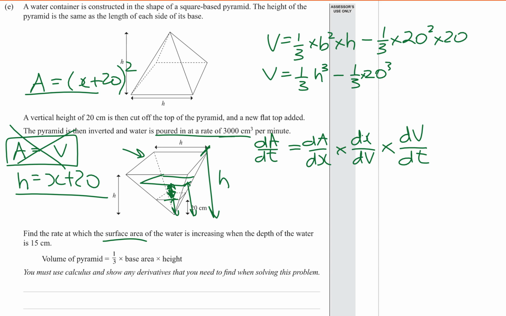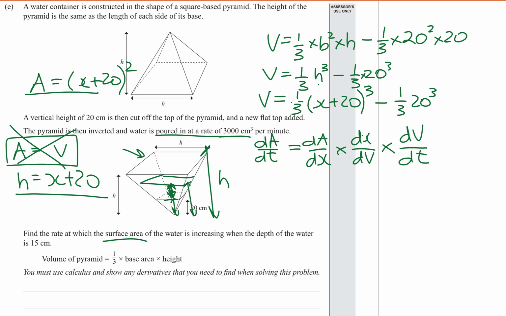That h in there now, volume is a third of x plus 20 cubed minus a third of 20 cubed. Does it matter if you do it in x or h? It does later on, because you could have written that x equals h minus 20, and then put it all back like that.